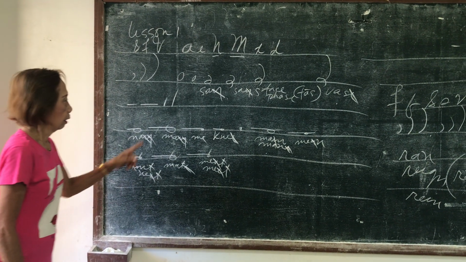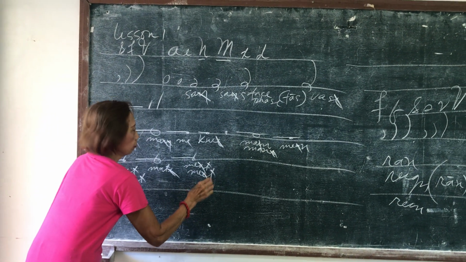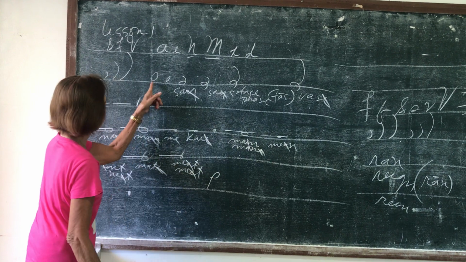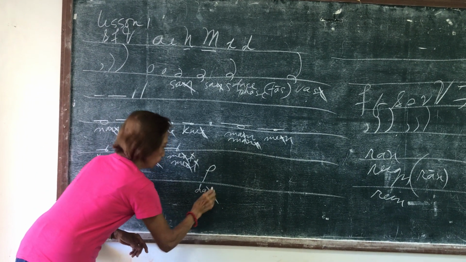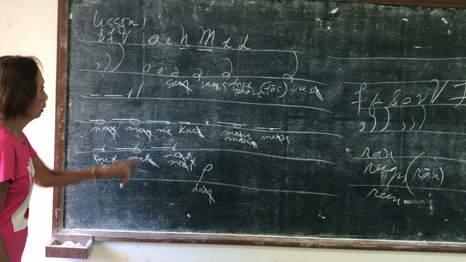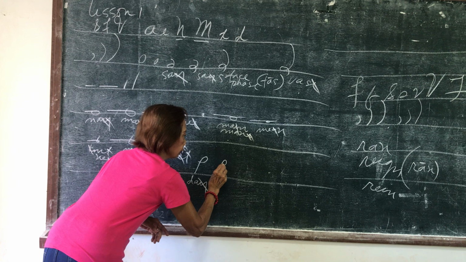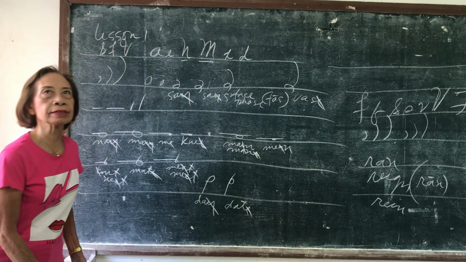Okay. We'll use D. D-A, and the vowel A is day. Why? Because the Y is not pronounced. Alright, I'll use T. D-A-T, date, because this is not pronounced.